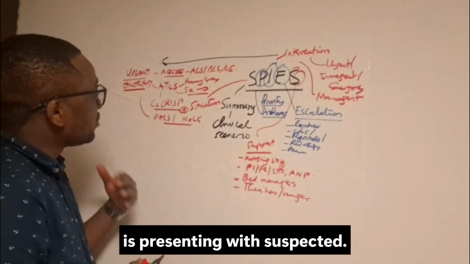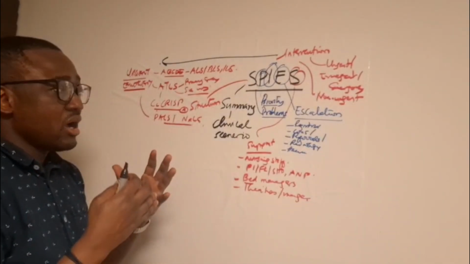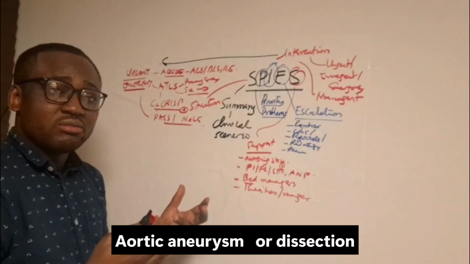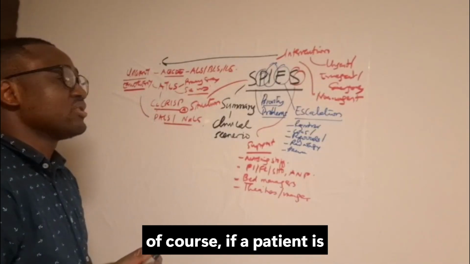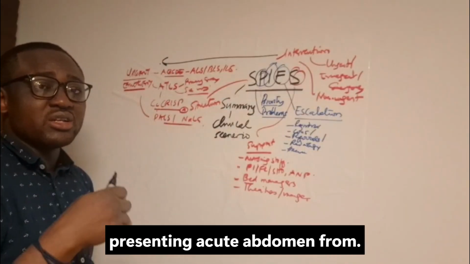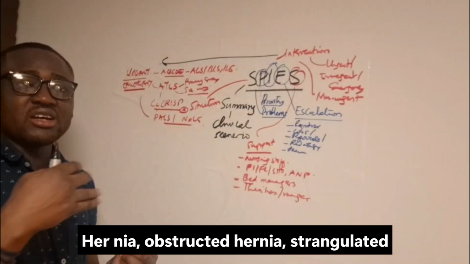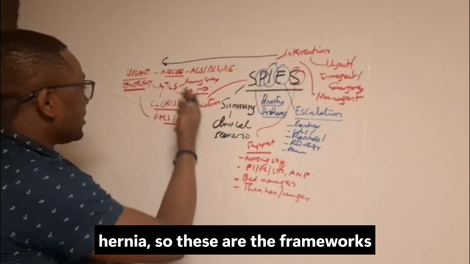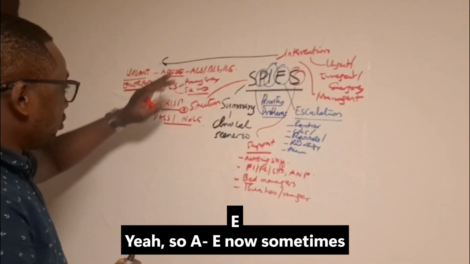If the patient is presenting with suspected aortic aneurysm dissection, follow it that way. Of course, surgically, if a patient is presenting with acute abdomen, trauma, hernia, obstructed hernia, strangulated hernia. So these are the frameworks for emergency. So A to E.